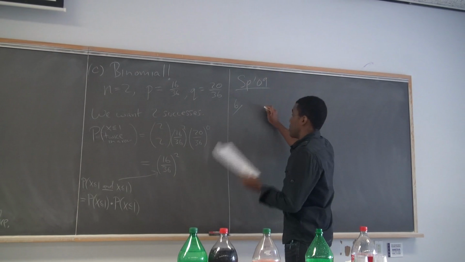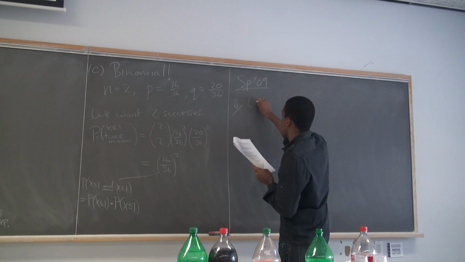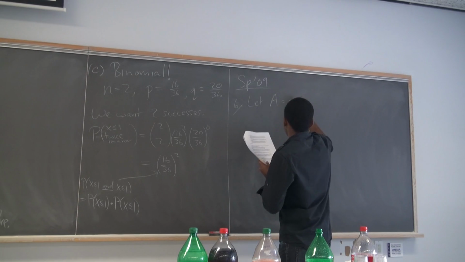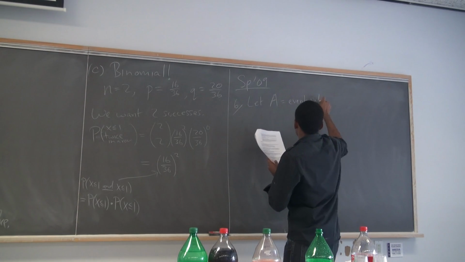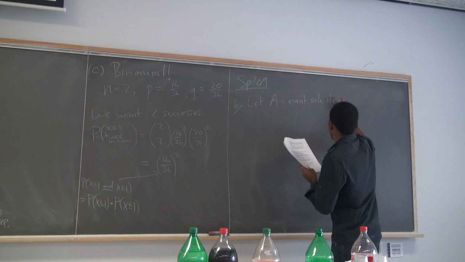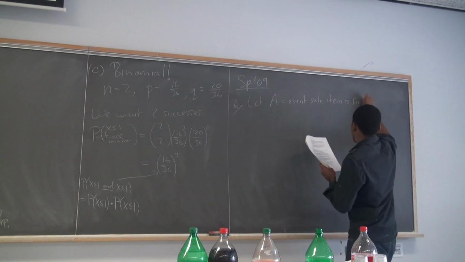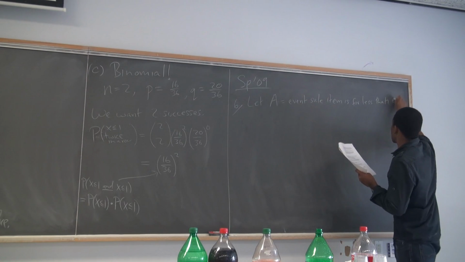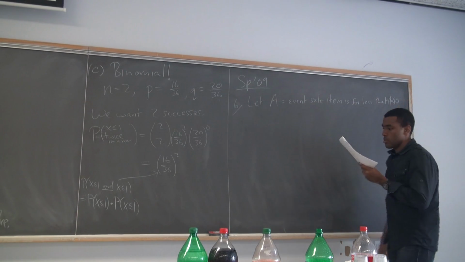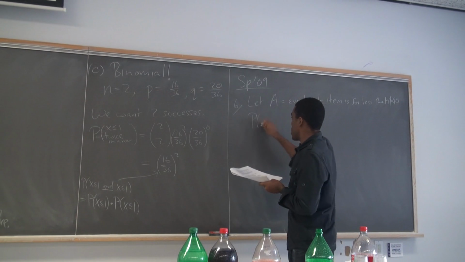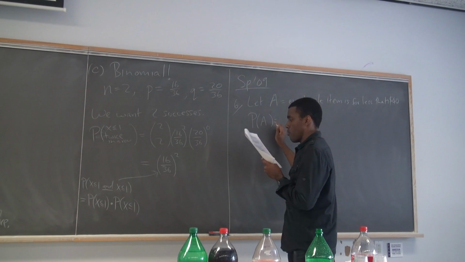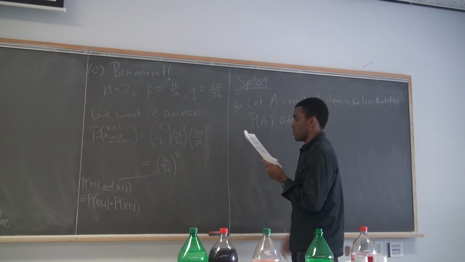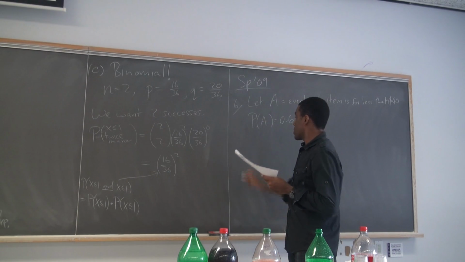So, let A be the event that a sale item is for less than $40. We're given that P of A is 0.6.